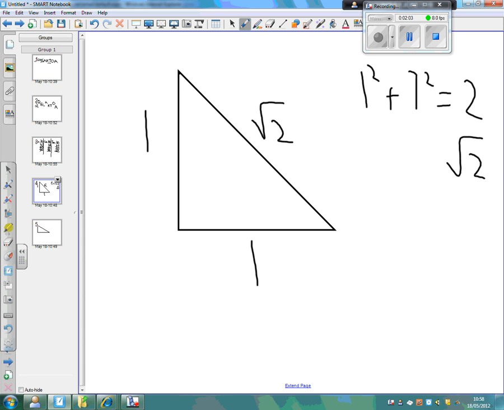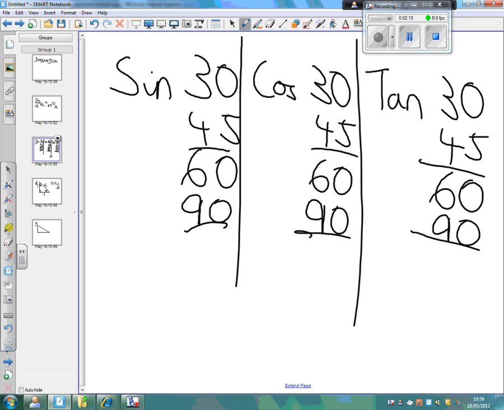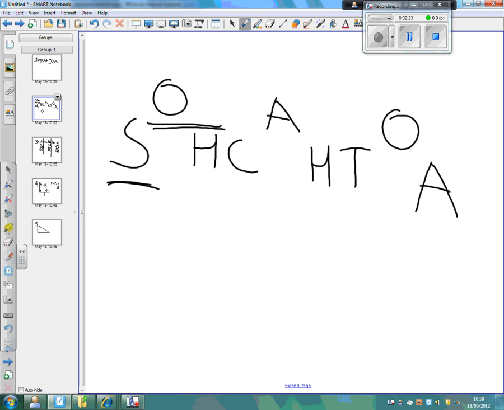Now if we go by the angles, this will obviously be 90 because it's a right angle triangle. This will be 45, and this will be 45. So all the angles have to add up to 180. So now, one thing we've got to remember is sine 45. So if we go back to SOHCAHTOA, remember that sine is opposite over hypotenuse.